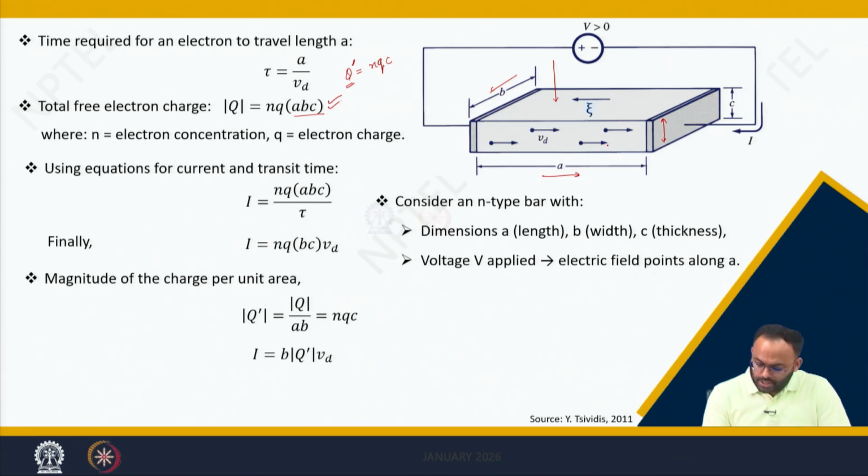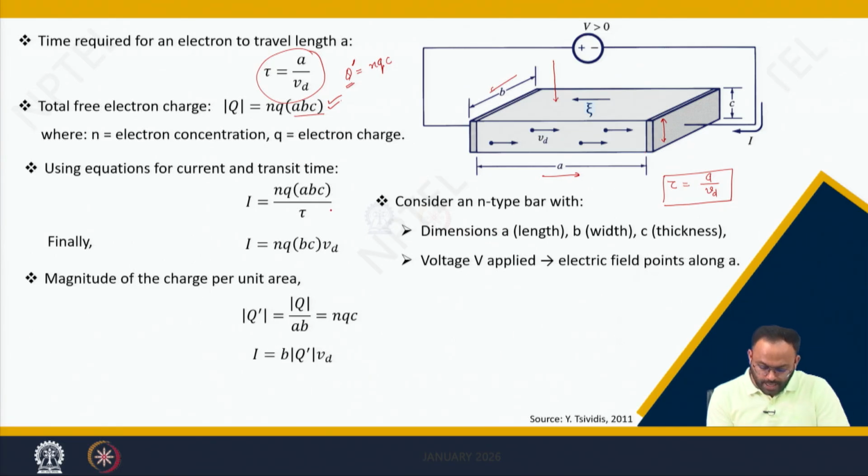Again, in this structure, what is the transit time? The transit time can be defined as A divided by Vd. Correct? This is the transit time, the total time taken from this side to this side by a carrier.